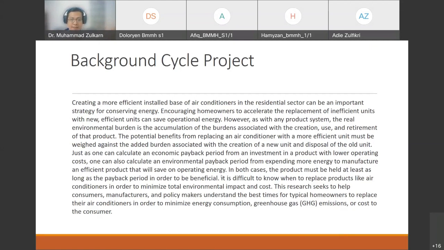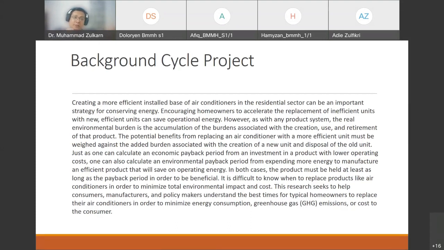In both cases, the product must be held at least as long as the payback period in order to be beneficial. If it's not beneficial, it's difficult to produce an efficient product.